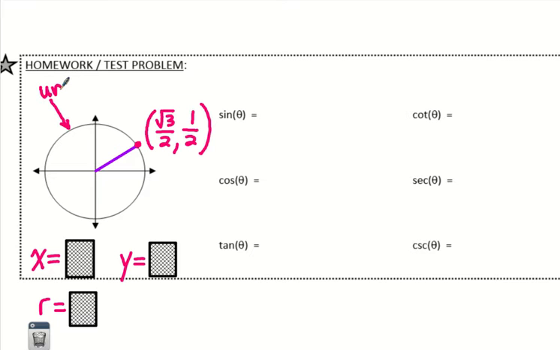Which I guess should technically be included in whatever directions there are here. The directions would say, find the sine of theta, the cosine of theta, the tangent of theta. Find all 6 trig functions of theta.